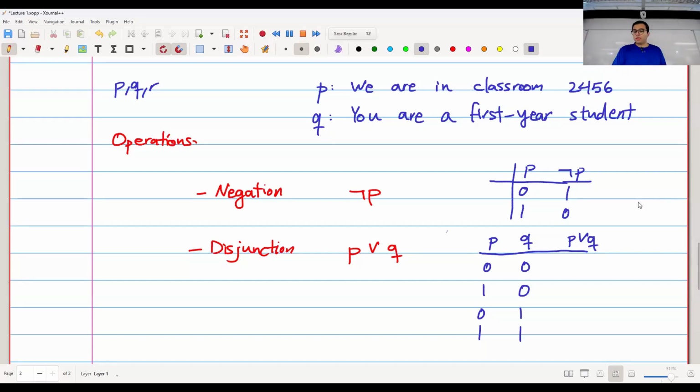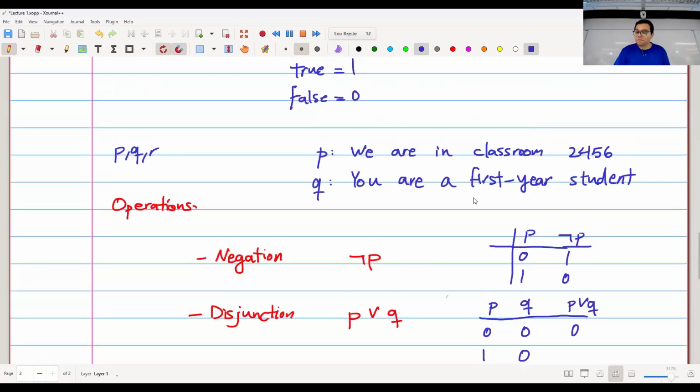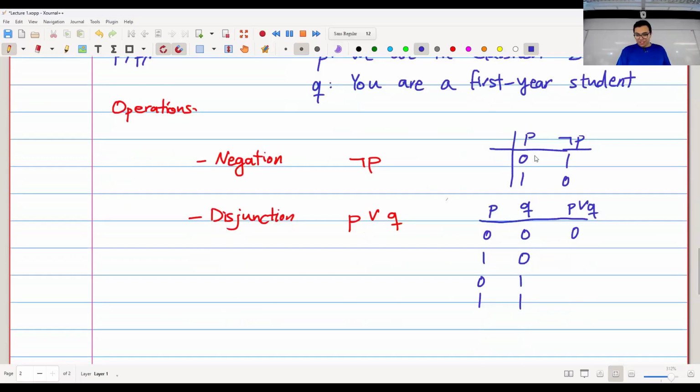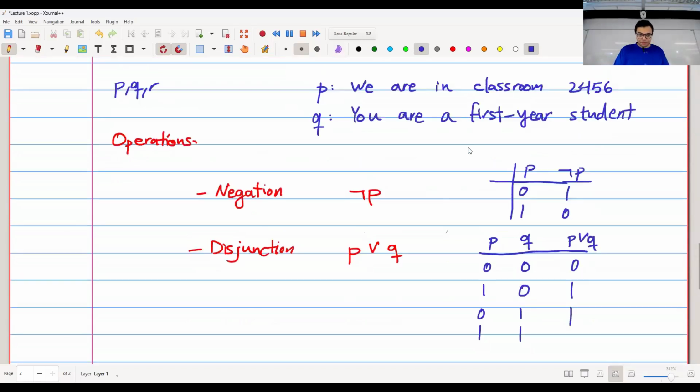So if P is false and Q is false, then P or Q is false. So basically, if we are not in classroom 2456 and you are not a first-year student, then it is not the case that we are in classroom 2456 or you are a first-year student. Okay, very easy. Now, if one of them is true and the other one is false, then P or Q will also be true.